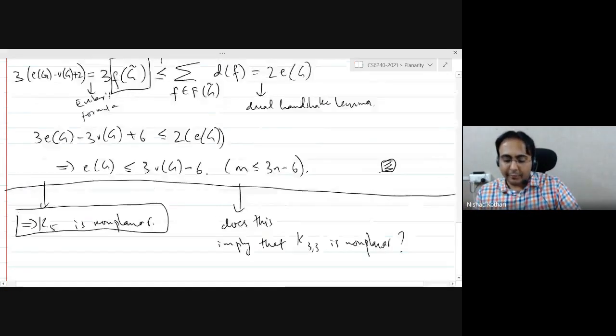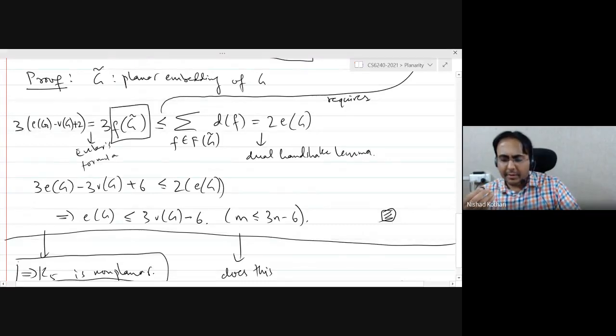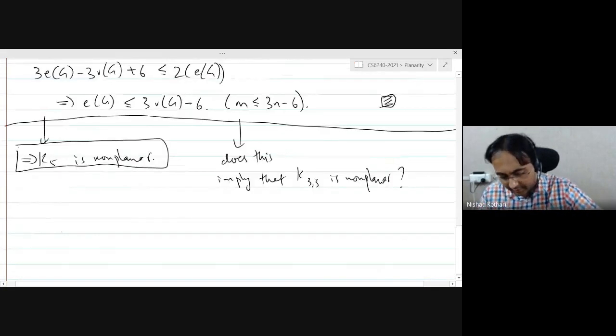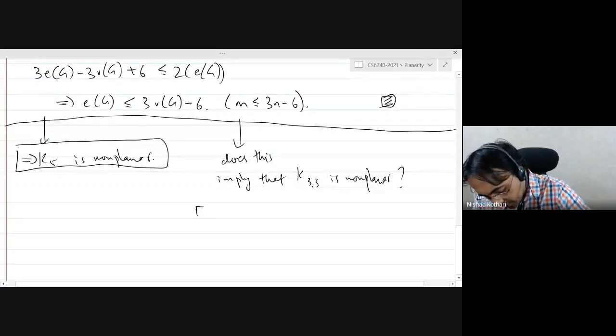So the length of a face would not really be 3. It would be at least 4. So I think you need the number of vertices to be at least 4 or something. Doesn't matter. And what you can prove is that in the case of bipartite graphs, you have a stronger upper bound. So I'll leave this as an exercise. Do it yourself.